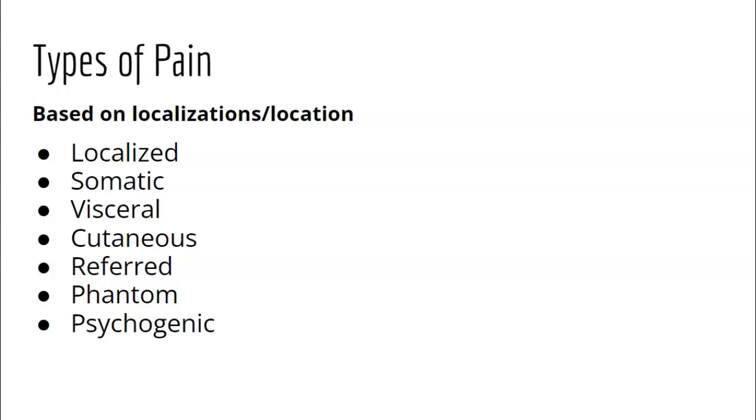Below the knee amputations, above the knee amputations, amputations at the ankle, at the foot, wherever that limb was, or whatever was amputated, a patient may report pain on that phantom area. And phantom pain is still pain, and we still medicate our patients based on that. Psychogenic pain is pain that comes from a psychological disorder as opposed to a physiological cause.